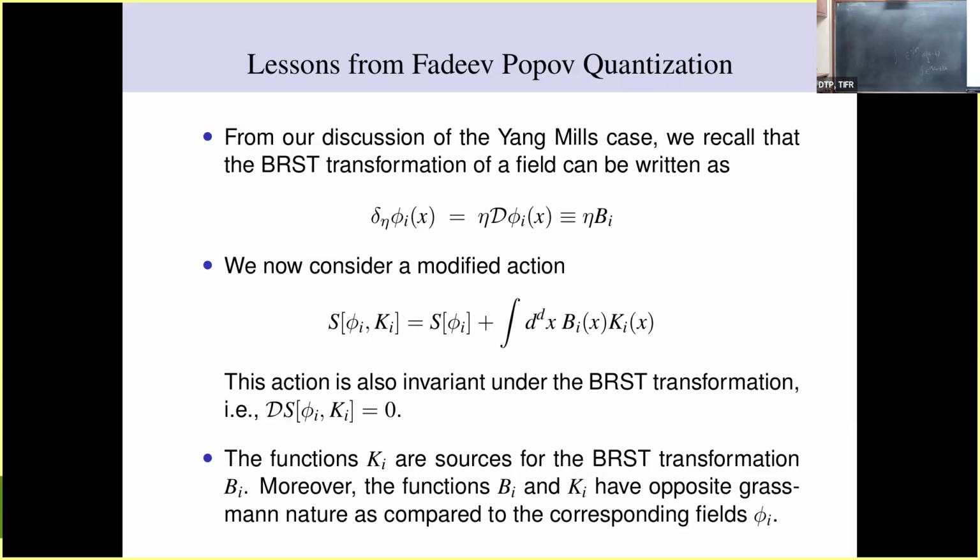The functions k_i are the sources for the BRST transformation. One thing you can notice is that b_i and k_i will have the opposite Grassmann nature compared to the original field phi I. This we can see from here because eta is Grassmann odd. So suppose phi is Grassmann even, then b_i must be Grassmann odd.